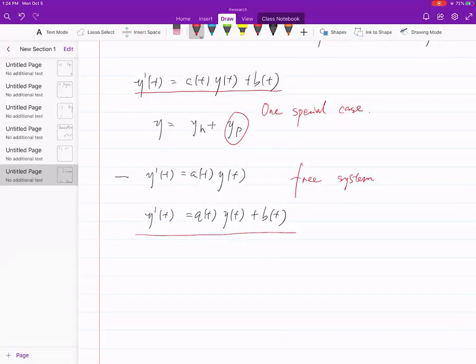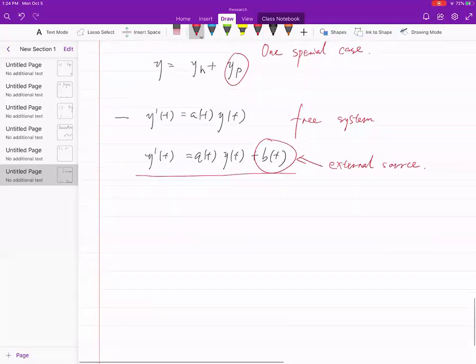And the non-homogeneous case is basically the homogeneous case plus an external source. That's the relation between them.